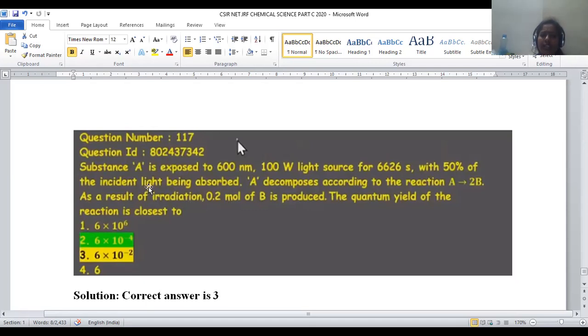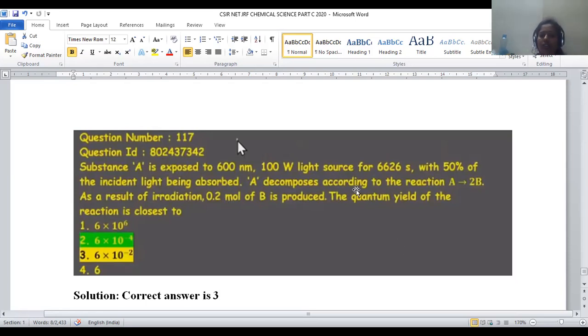Okay, the substance A was taken and 600 nanometer light is applied on this, 100 watts of light for the period of 6,626 seconds. It was given that 50% of the incident light is absorbed. The remaining 50% will be emitted back. So 50% of the light has been absorbed.